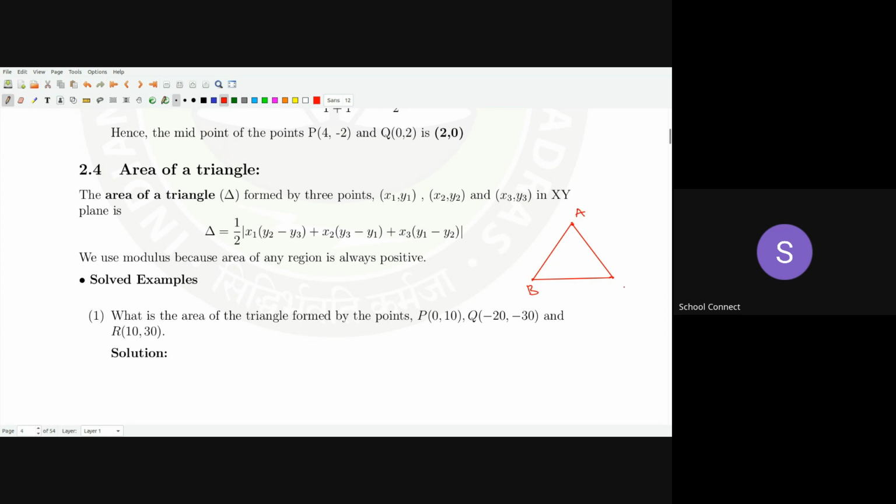And if you have 3 points like x1, y1, x2, y2, x3, y3, then the area of this triangle ABC is given by this formula. Again, we can prove this formula. We somehow start from the origin, distances, and then make small rectangles, and finally compute the area.